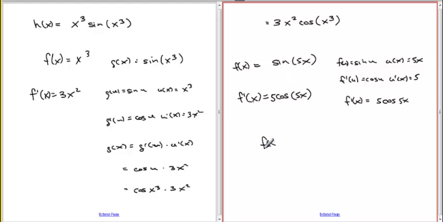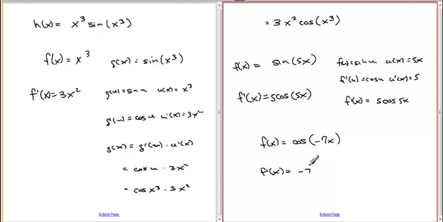So let's say f of x is equal to the cosine of negative 7x. For f prime of x, take the coefficient, the derivative of what's in here, which is negative 7.